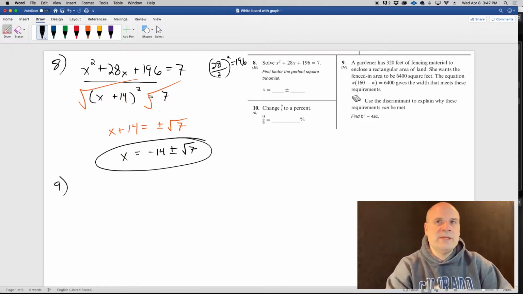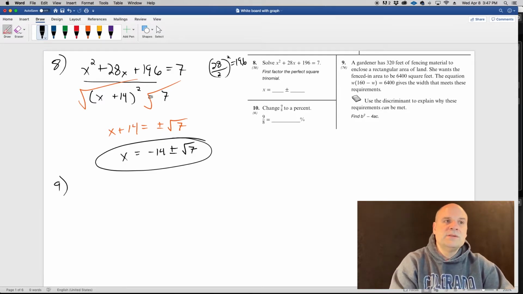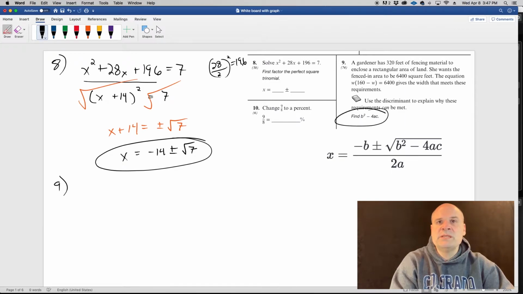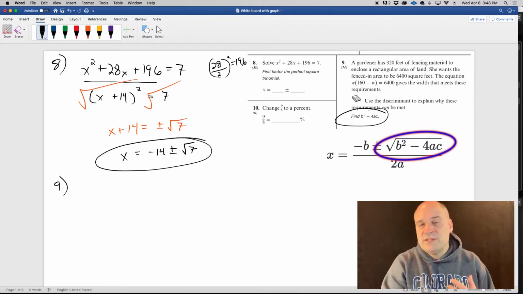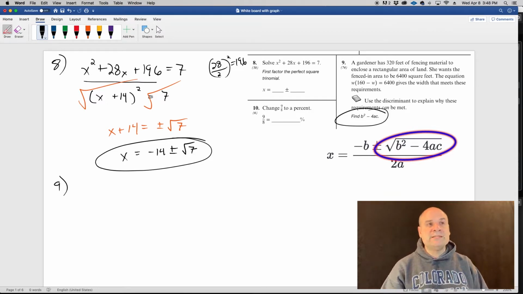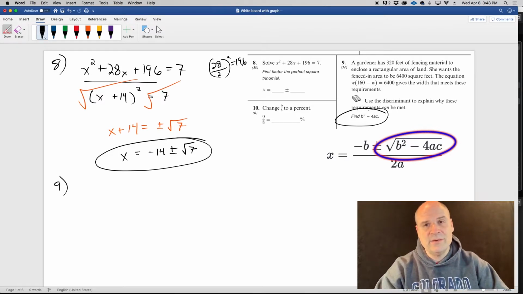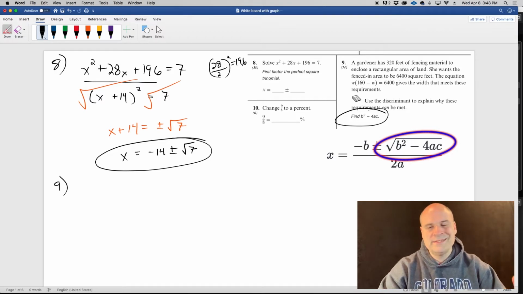Use the discriminant to explain why these requirements can be met. So the discriminant, remember, is b squared minus 4ac. If the discriminant is a positive number, then it's a real number. But if the discriminant is a negative number, then it's an imaginary root, and then that's not possible.